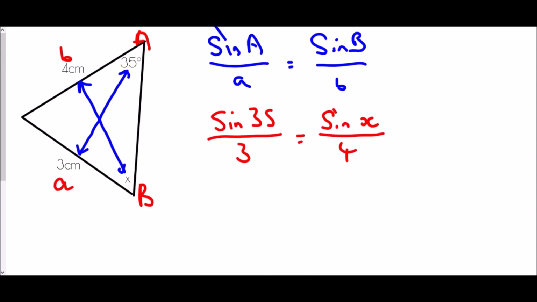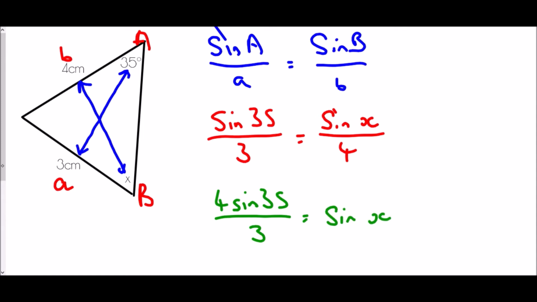Now this one does have a little bit more work to do with it, because first of all we need to isolate the sine X, and so that means we're going to have to multiply by 4, so that's going to be 4 sine 35 over 3 equals sine X.